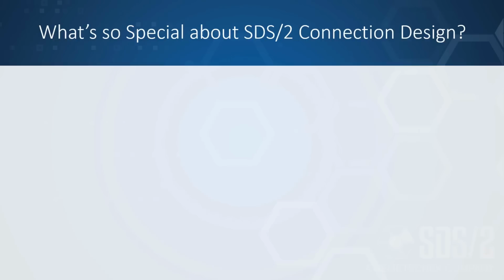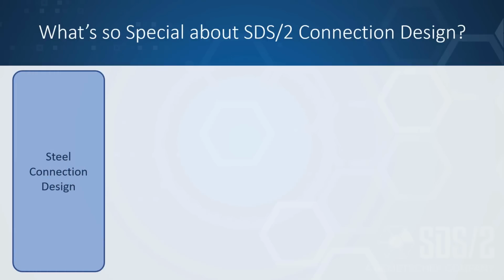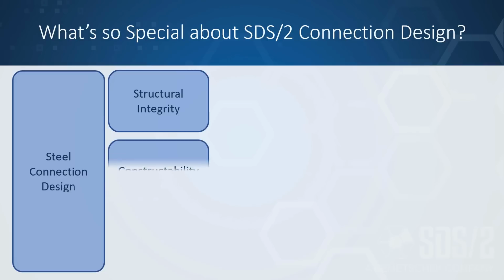So what's so special about the SDS2 connection design? The first one is the steel connection design. Then we also have the structural integrity. The structural integrity will look at that and back it up with design calculations. Okay, so RISA, RAM, they might be able to do that too. Then we take that to constructability.